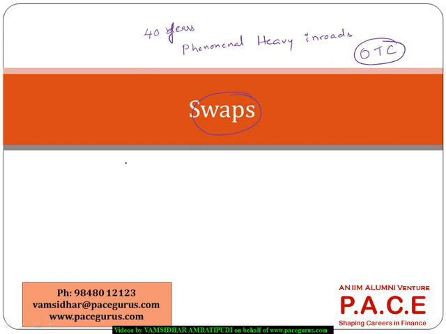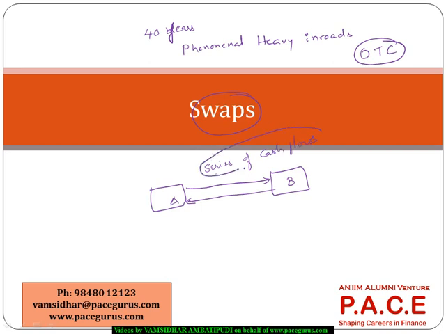Just as an overview, when I talk about a swap, just like any other derivative, it's an agreement between two parties, right? And this is an over the counter agreement wherein each party agrees to exchange a series of cash flows in future based on some kind of an agreement.